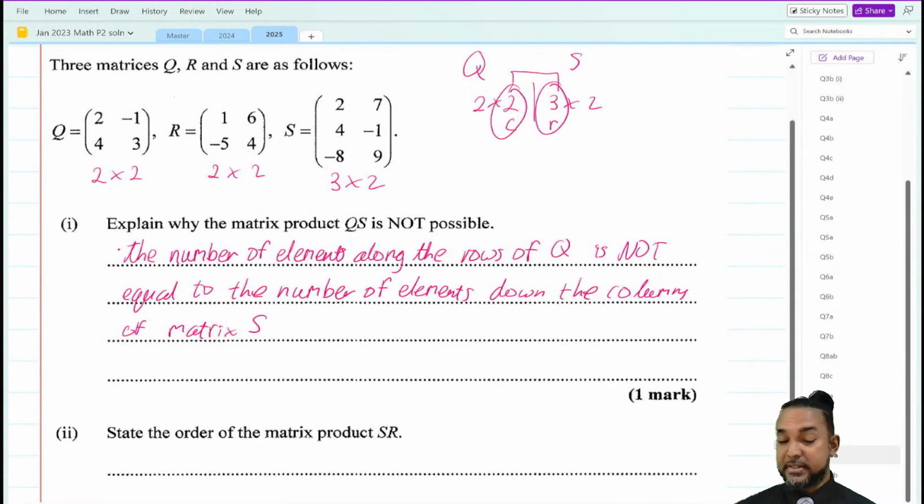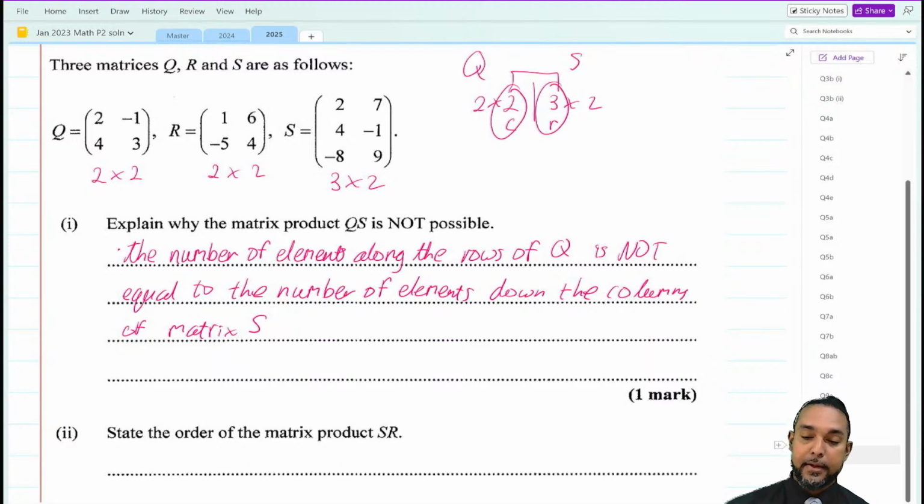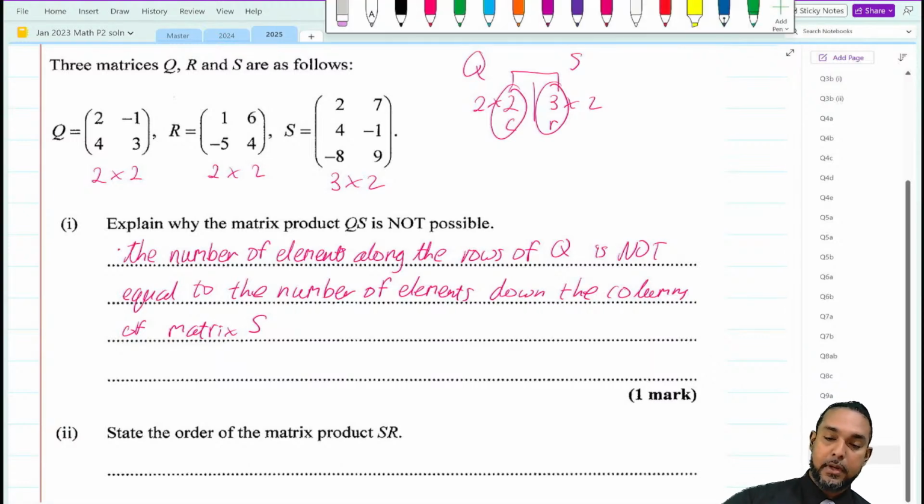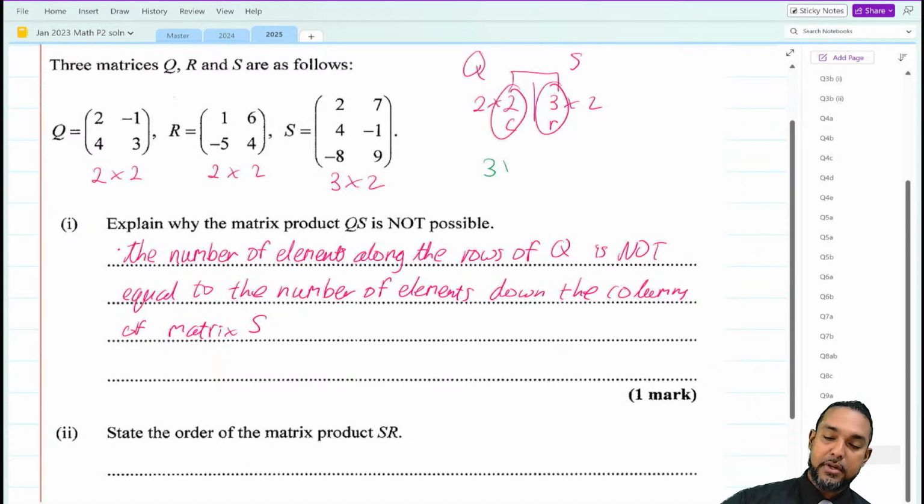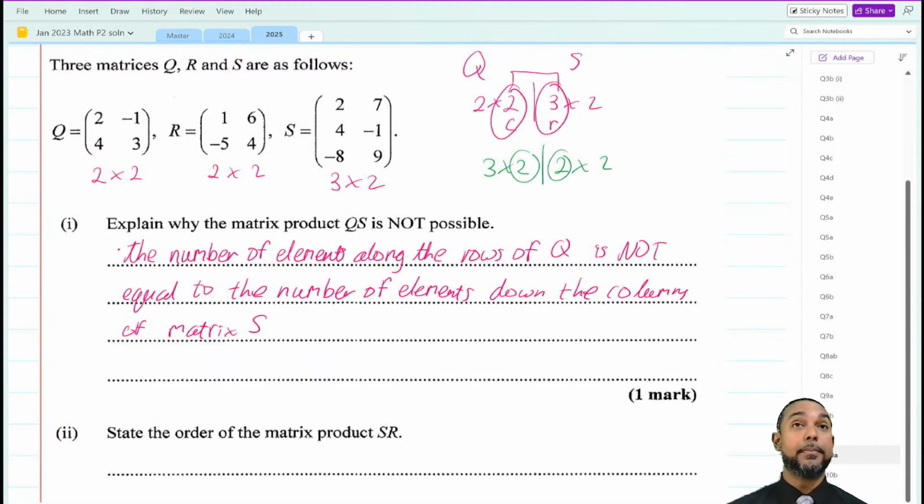Now the next piece says state the order of the matrix product SR. So if you have SR, you'll be multiplying a 3 by 2 matrix by a 2 by 2 matrix. The first thing is that these two numbers are the same, so the matrices are compatible for multiplication.